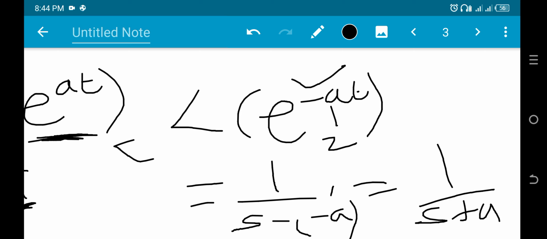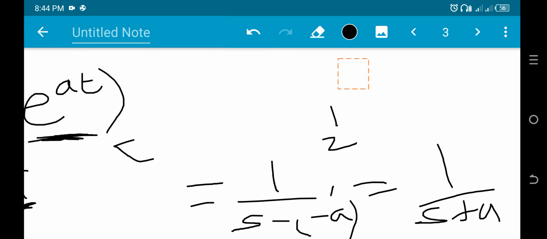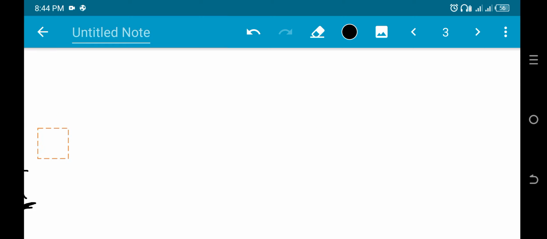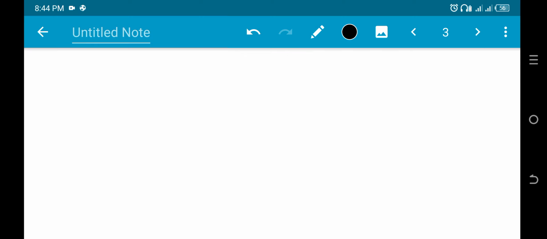So now, knowing this fact, let's do this example. Let me just clear off the board. You'll be finding example questions like this. They will be asking you to find the Laplace transform in this form.